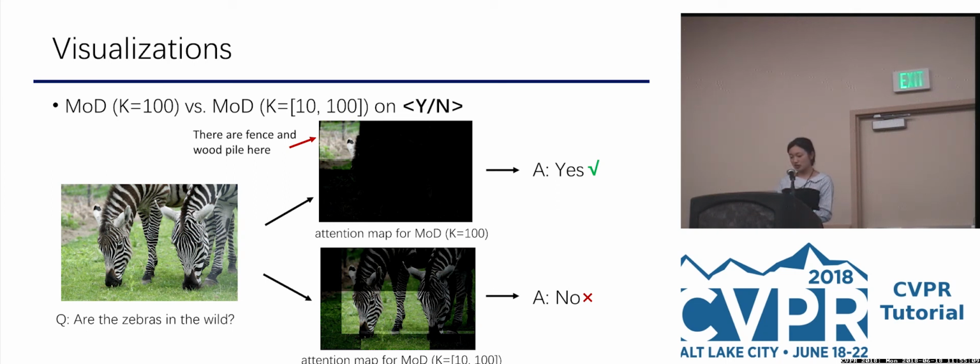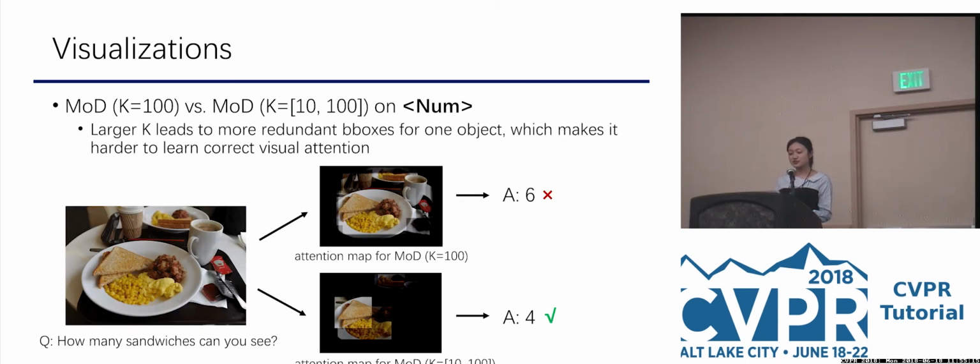The fence on the corner and the wood pile are the key to answer this question. For number type, larger K leads to redundant bounding boxes for one object, which makes it harder to learn correct visual attention. There are some works on counting objects, but due to time limit and the small percentage this type takes, we just didn't involve this in our model.